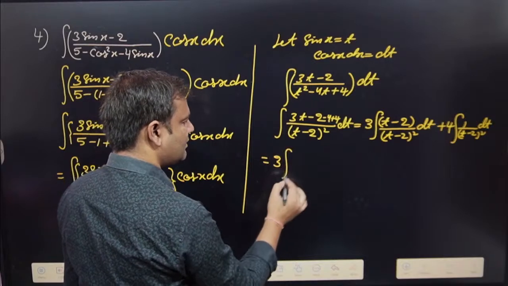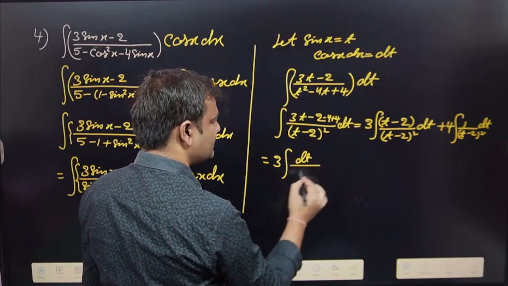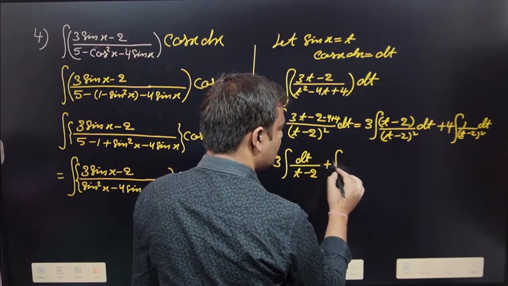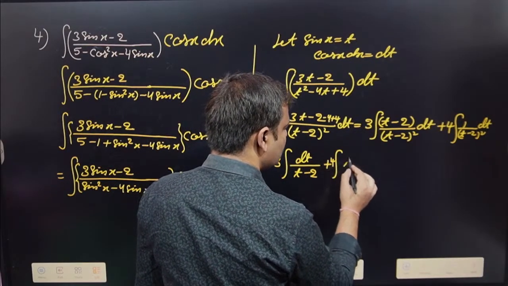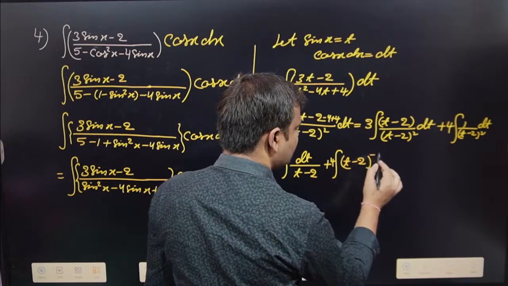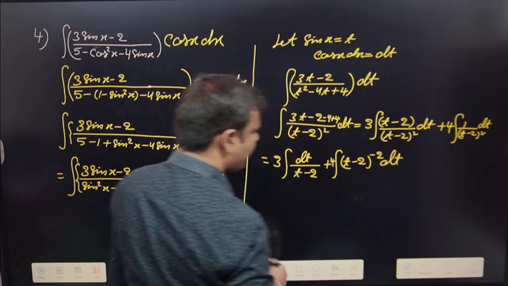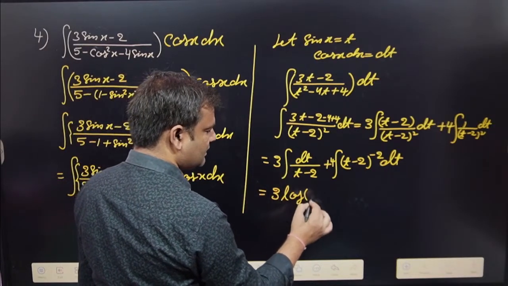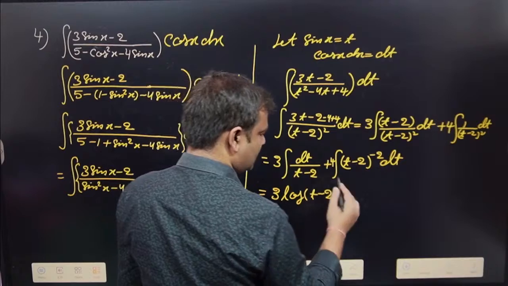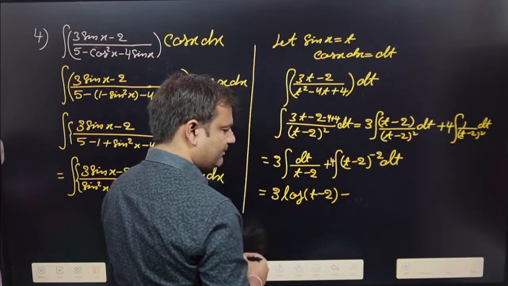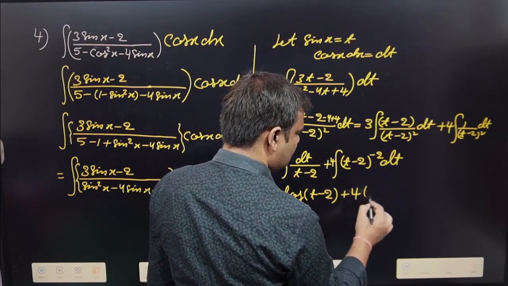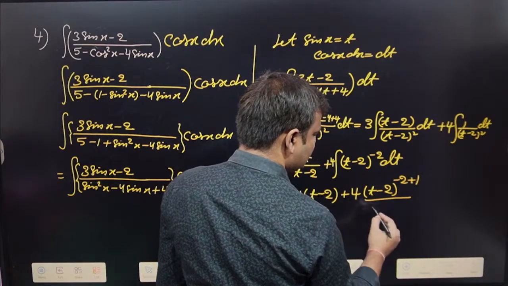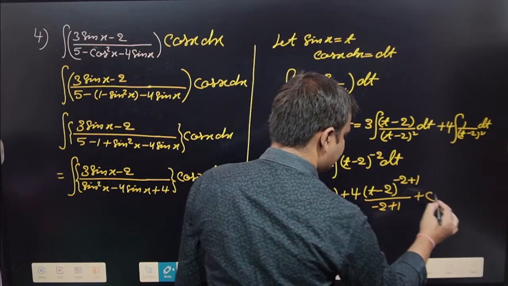That is 3 dt divided by t minus 2, plus 4 times t minus 2 to the power minus 2 dt. Okay, what about that value? Log of t minus 2, and that one is written 4 times t minus 2 to the whole power minus 2 plus 1 upon simply minus 2 plus 1, plus c.